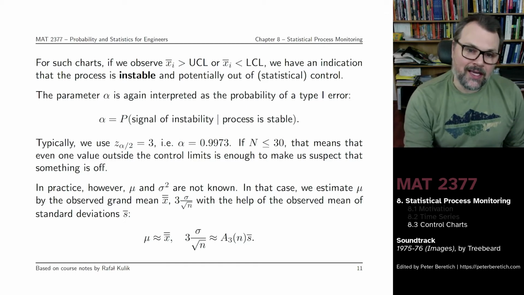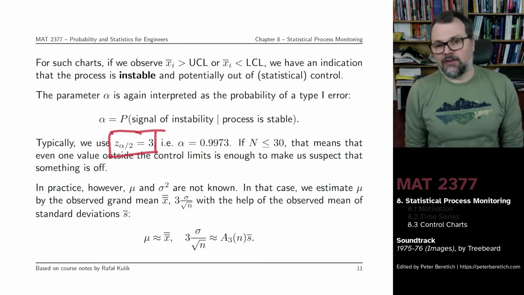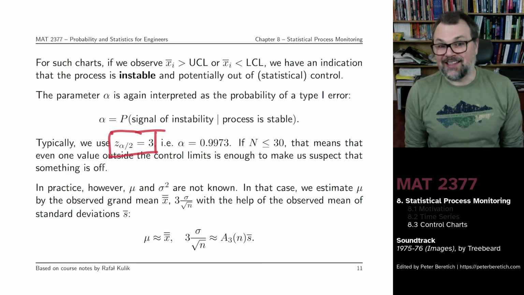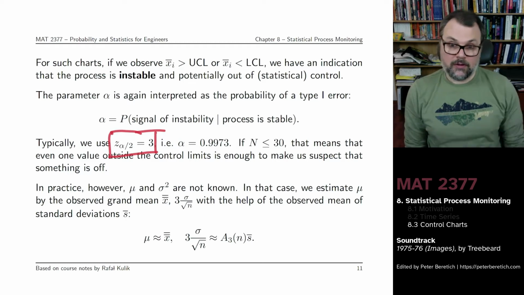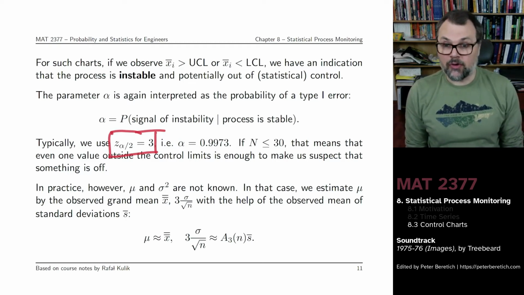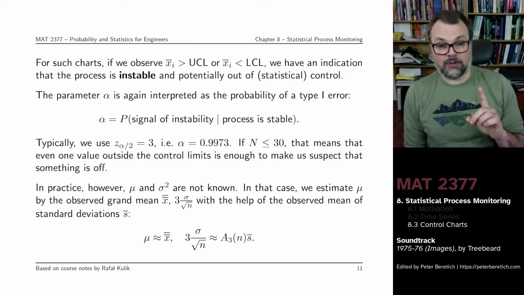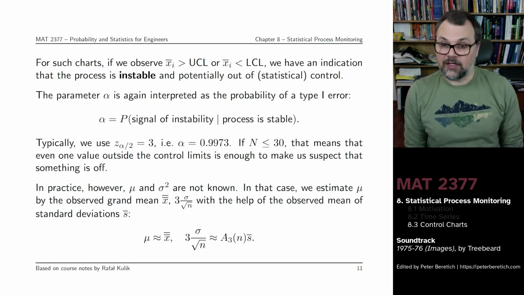We use a critical value for the standard normal distribution, which will give us that z alpha divided by 2 is 3, and the corresponding alpha for this is 99.73%. Now, if the number of time points that you're sampling or locations that you're sampling is smaller than 30, that would mean that even if you get one value outside the control limits, there's probably something off with the process, or at least we would be suspicious of the process.